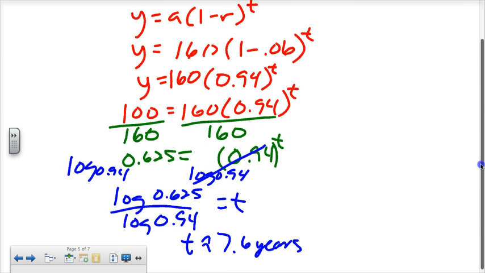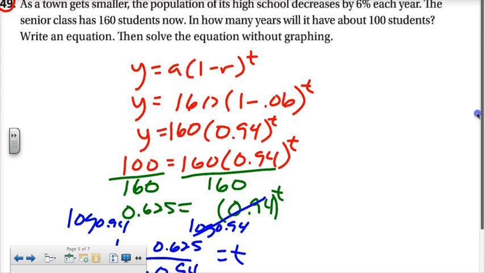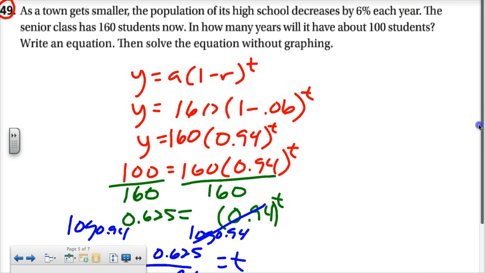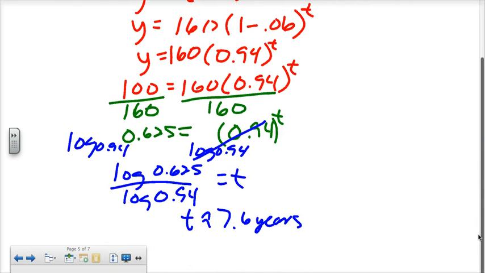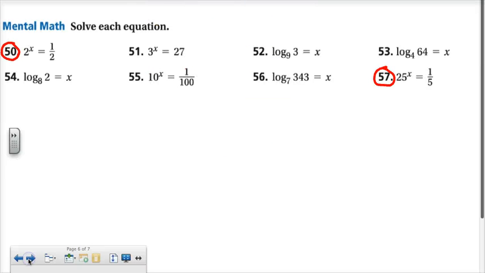And let's go back and see if they wanted to know what year. In how many years will it have about 100 students? Well, then we're done, because it's about 7.6 years. You could say about 8 years. Both of those would be good answers, because again, this is an estimate, so we want to treat it that way. All right, next one.